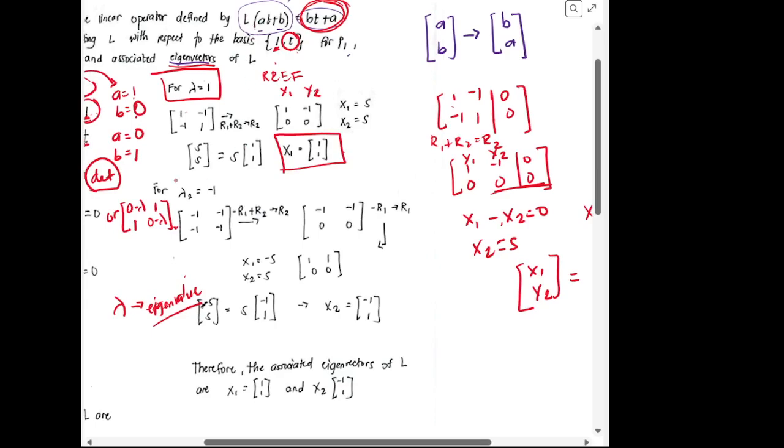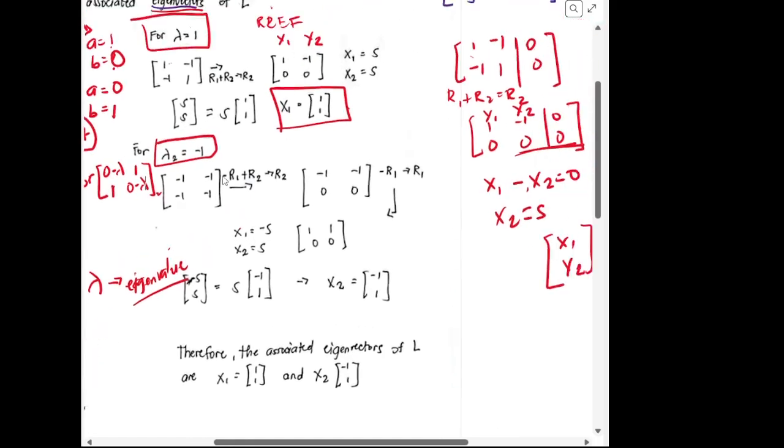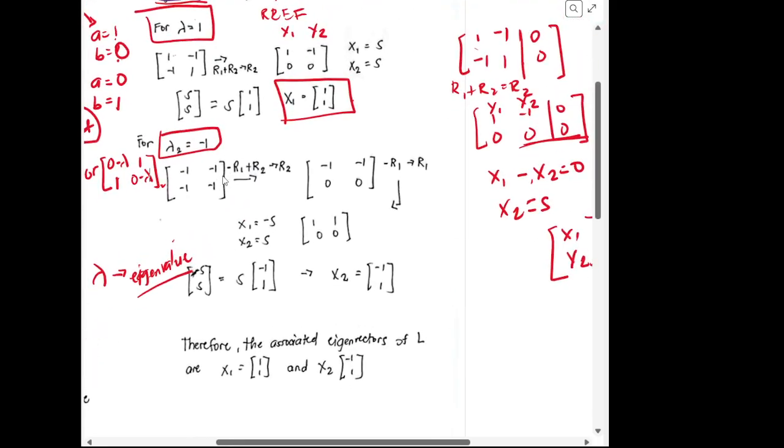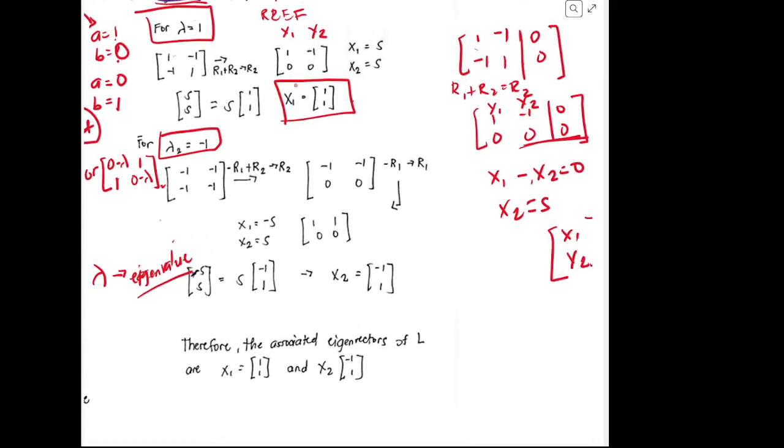Now, next we're going to solve for the eigenvector for the eigenvalue equals -1. The same process: substitute, transform into RREF, reduced row echelon form, and solve. In this case, you also use the variable s for x sub 2, the last column.